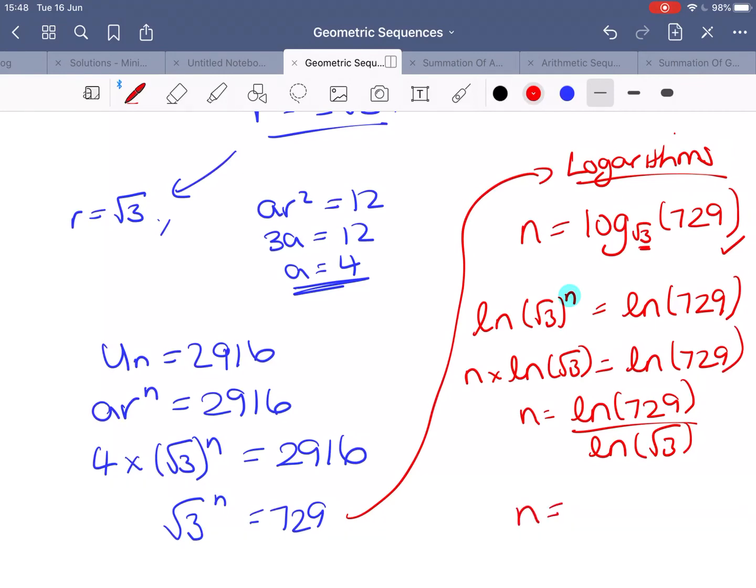And if we put that in our calculator, which is in a way a bit easier to do because you've got your natural log button, so the natural log of 729 over the natural log of root 3, you end up with n equals 12. Okay, but like I say, if you did want to use this first method and you did put that in your calculator, it would be absolutely fine. You can put the root 3 in the base and you can put the 729 in the argument and your calculator will do it. Okay, this second method is just a bit nicer really.